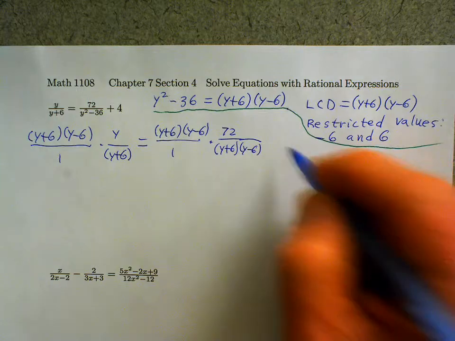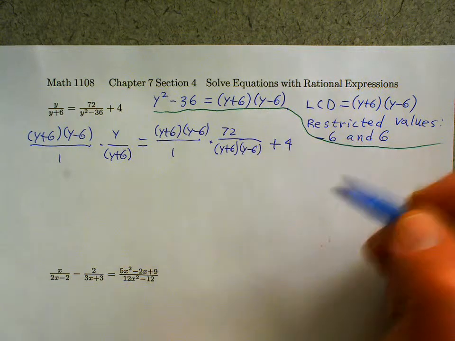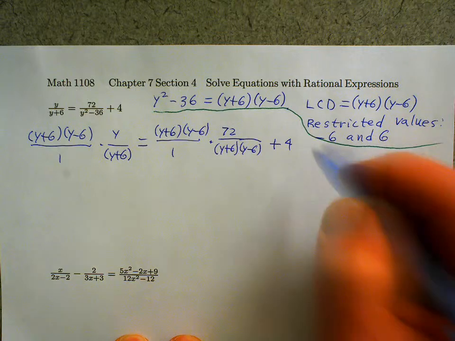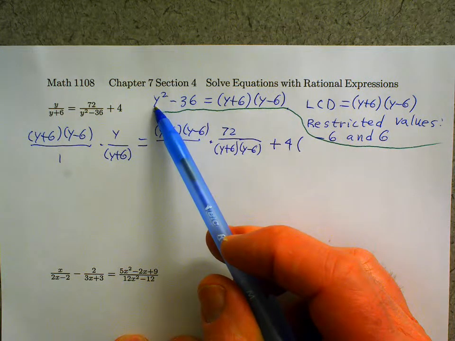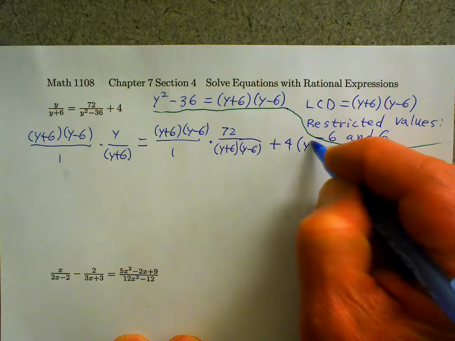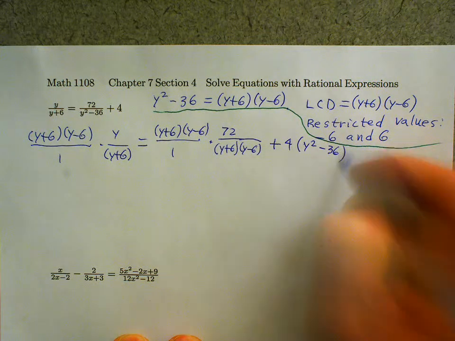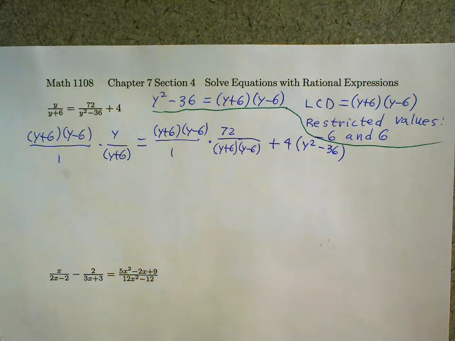So I put myself in a corner, but here we're going to multiply 4 times the least common denominator. I'll write the least common denominator this time in expanded form. So 4 times the quantity y squared minus 36. We get a couple of cancellations.